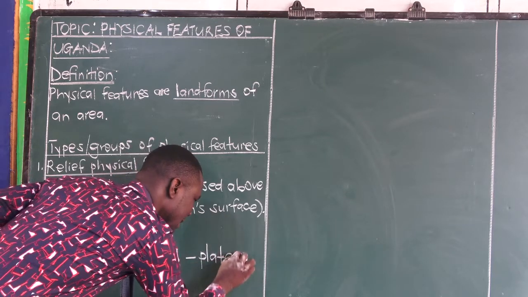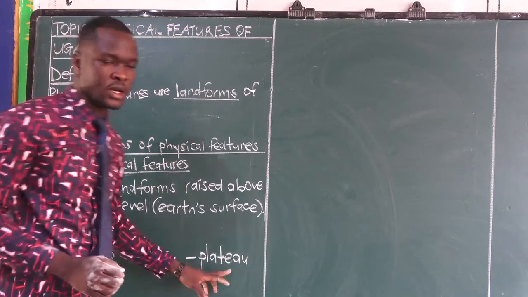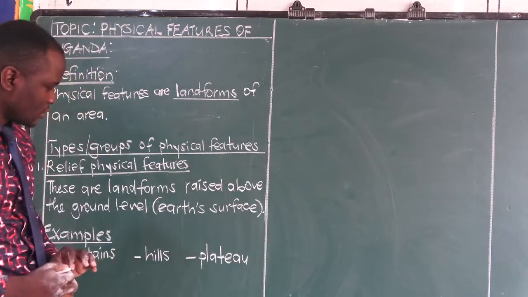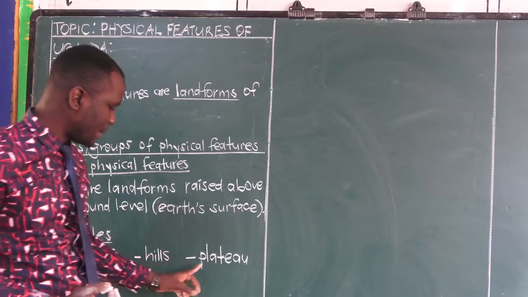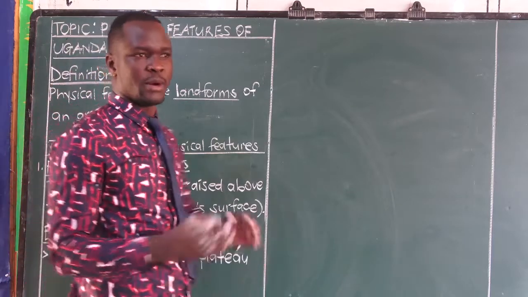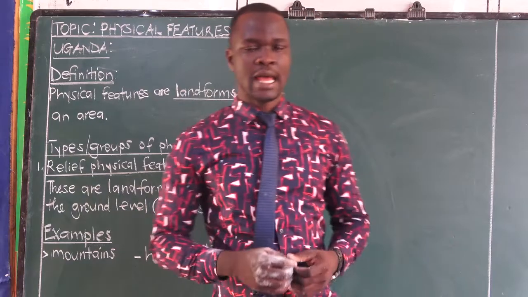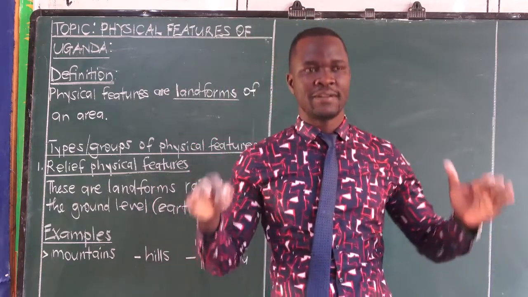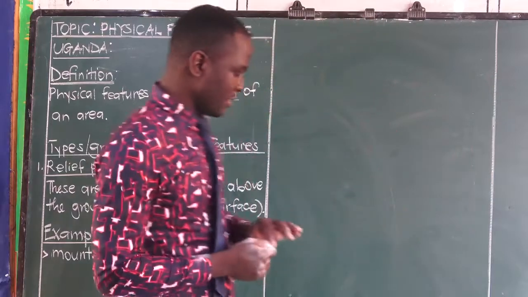And I want you to take serious note of the spelling of plateau, because it can make you not get the mark that you are meant to get. Also, remember when we are defining a plateau, even in primary 4 and 3, we say a plateau is a raised flat-topped piece of land, meaning it is raised above the ground level.